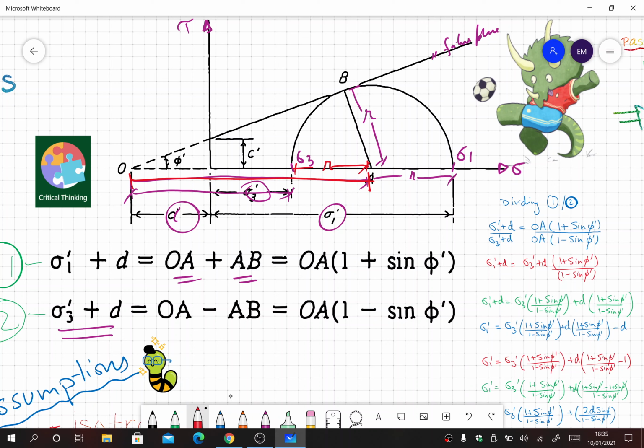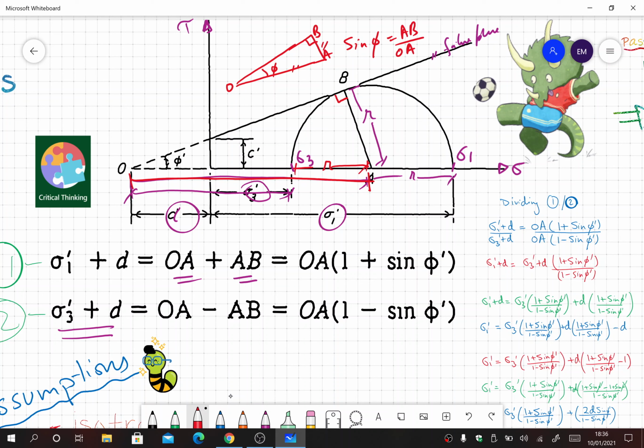Okay, so OA plus AB is equal to OA plus OA sine phi. What is the value of AB? If I consider this triangle here, this is 90 degrees, you can see here. This is phi, this is A, this is B, and this is O. In this triangle, sine phi is equal to perpendicular over hypotenuse, that is OA.